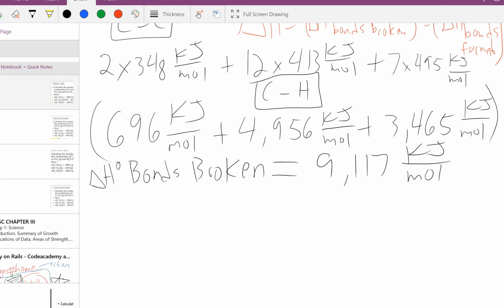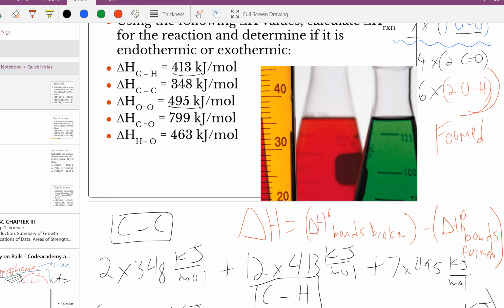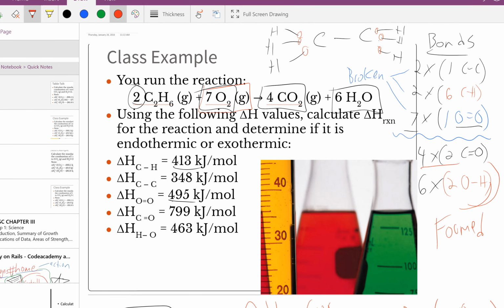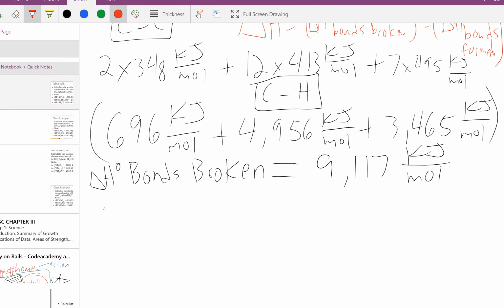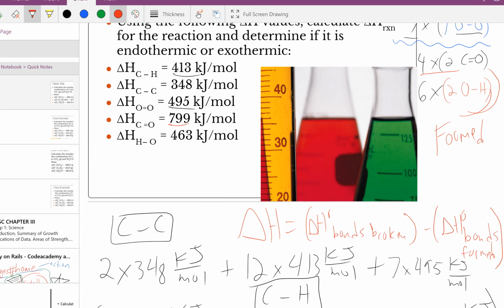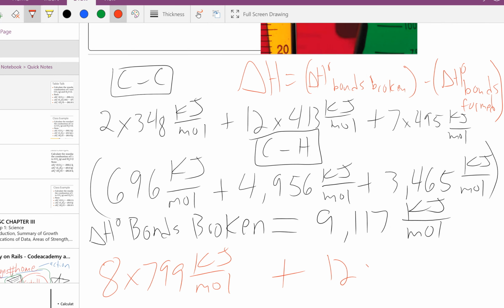And now let's do the next one, which is bonds formed. In this case, bonds formed is going to be 8 carbon double bond oxygen, which is 799. So it's going to be 8 times 799 kilojoules per mole, plus 12 oxygen to hydrogen single bonds, which is 463. 12 times 463 kilojoules per mole.